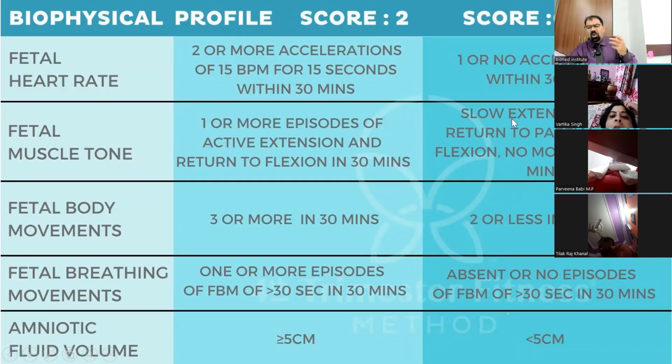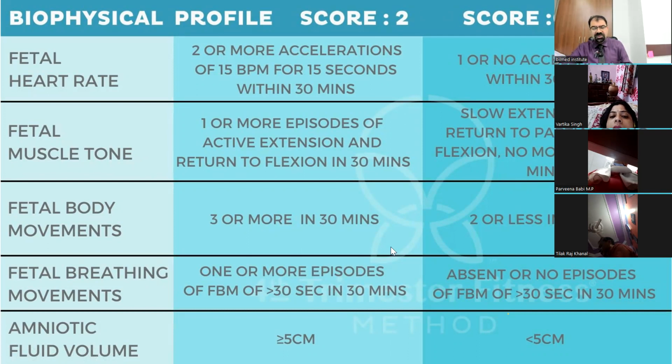If there is slow extension or partial return, or if there is no muscle tone seen, then I will give 0. Third is the body movements. By body movements, I simply mean the movements of the fetal parts. If there are 3 or more in 30 minutes, you can give 2. And if it is 2 or less, straightaway 0.